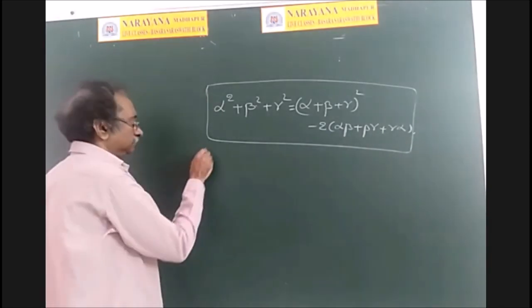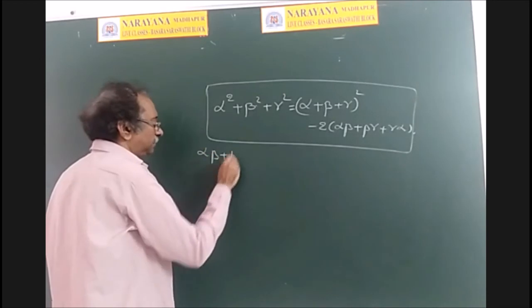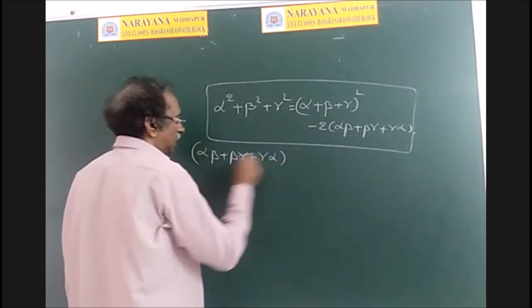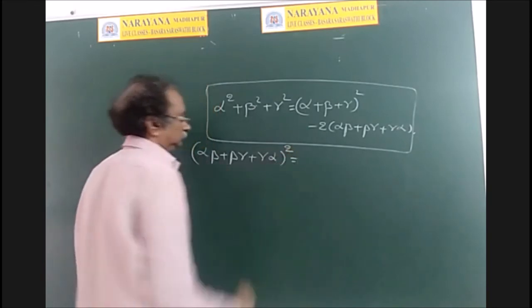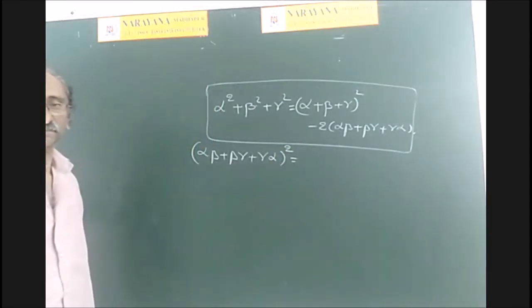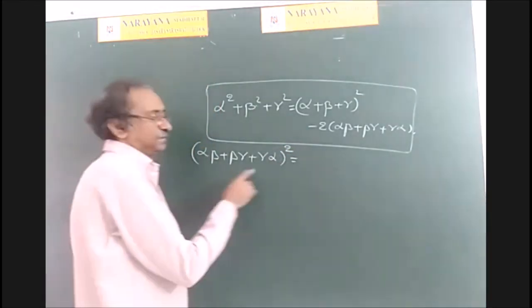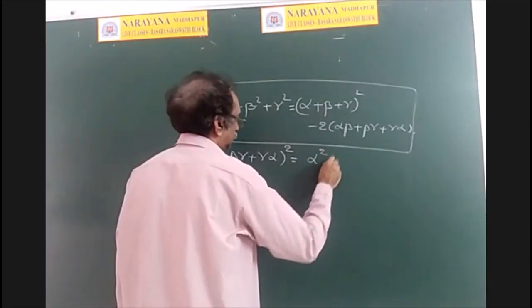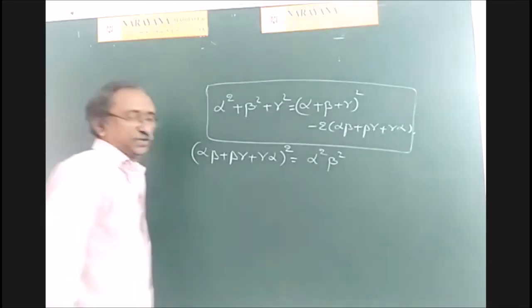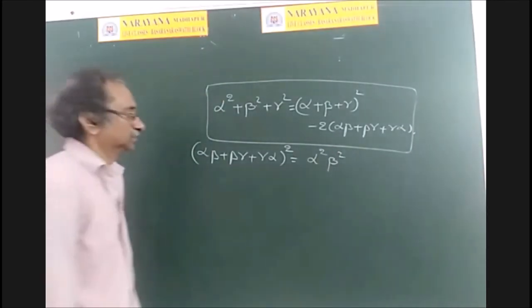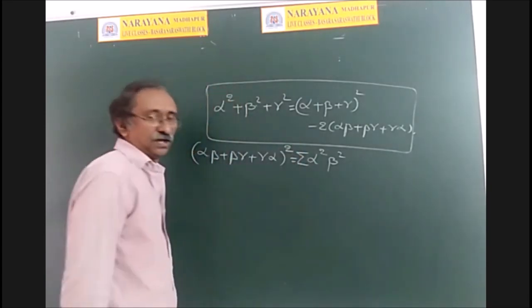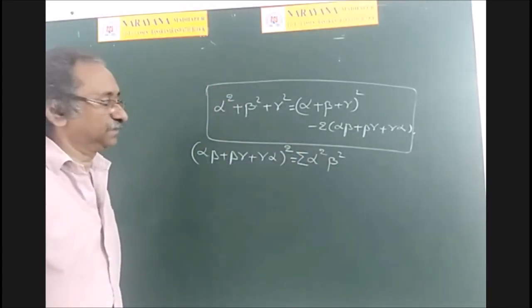And see another one, alpha beta plus beta gamma plus gamma alpha whole square. What is the formula for a plus b plus c whole square? It gives alpha square beta square plus beta square gamma square plus gamma square alpha square, which can be simply represented by sigma alpha square beta square.